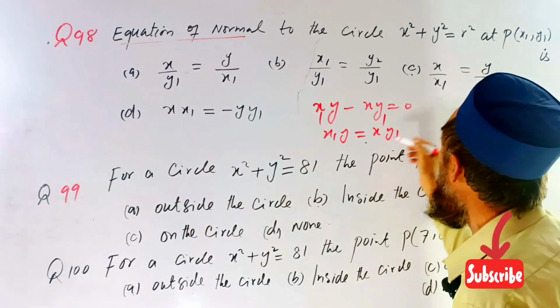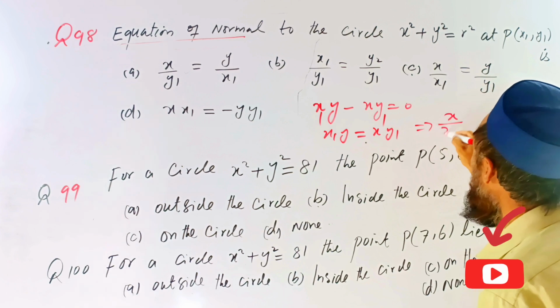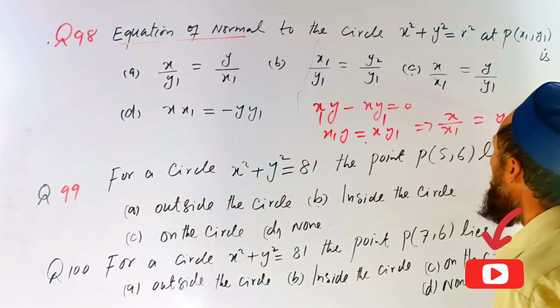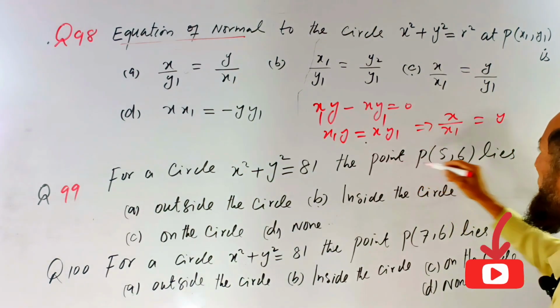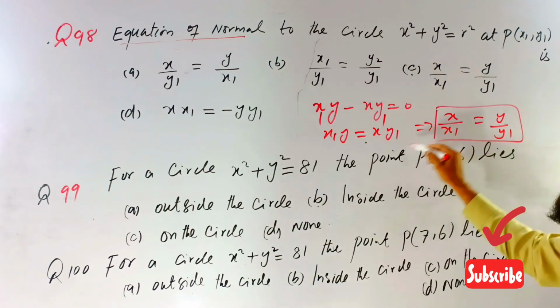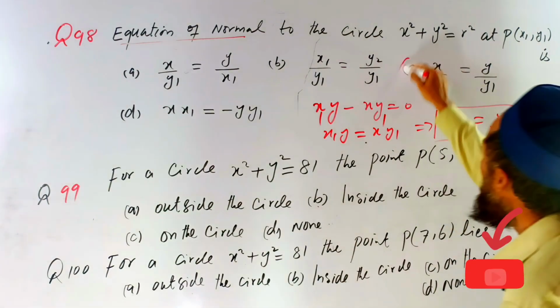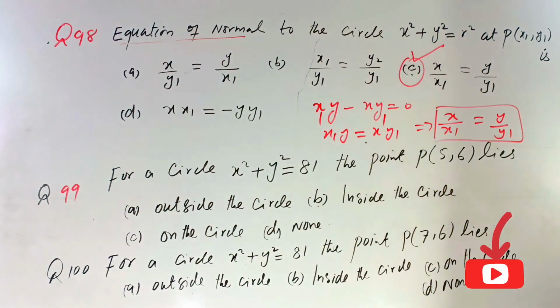If we divide both sides by x1 and y, we get x divided by x1 equals y divided by y1. So we get the equation of the normal. We check the options here, and option C is the correct option.